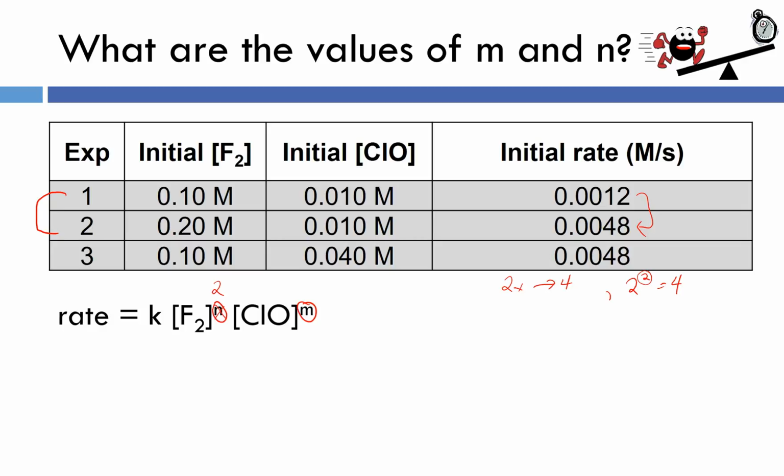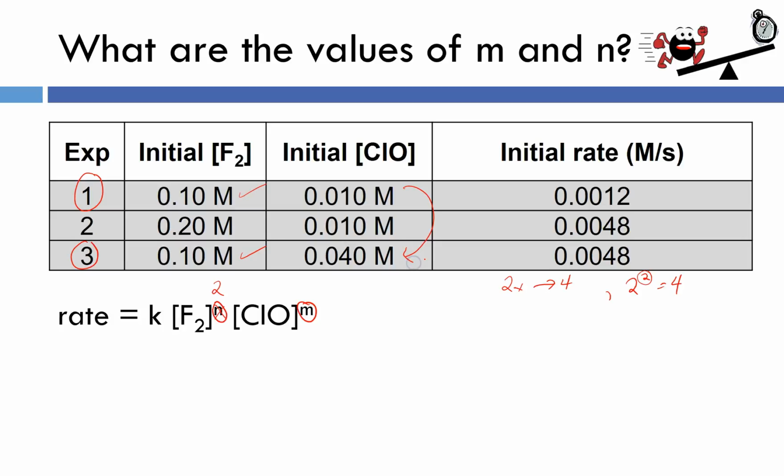Let's try to repeat this for ClO. Find 2 experiments where the concentration of ClO changes and the concentration of F2 remains the same. Let me get some of this stuff out of the way. If we look at experiments 1 and 3, F2 stays constant at 0.1 molar.